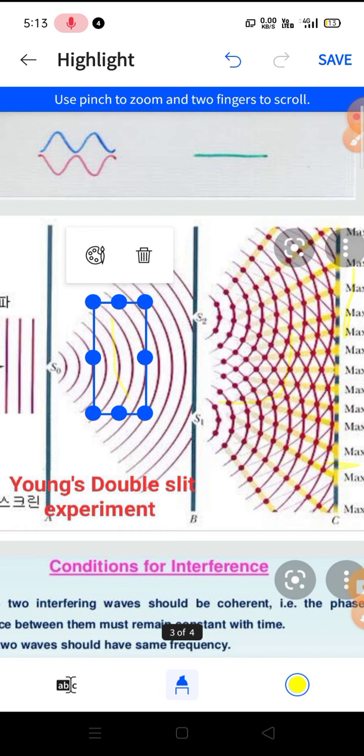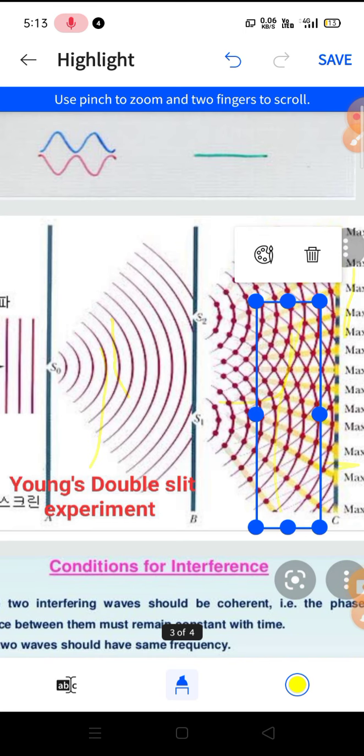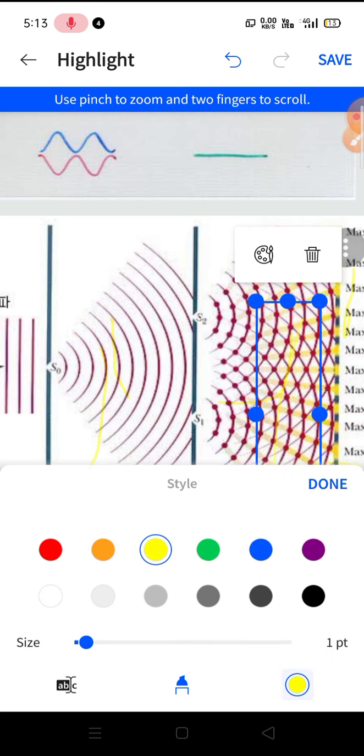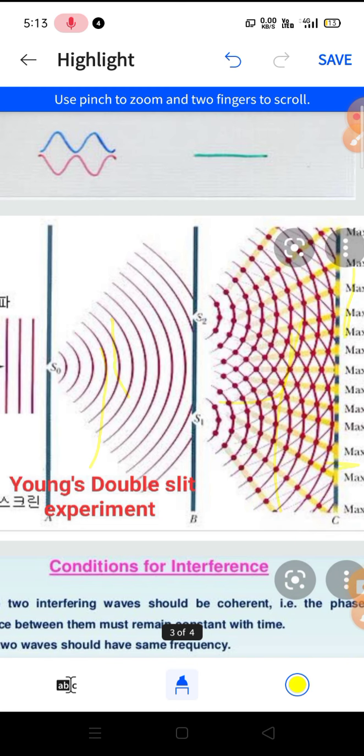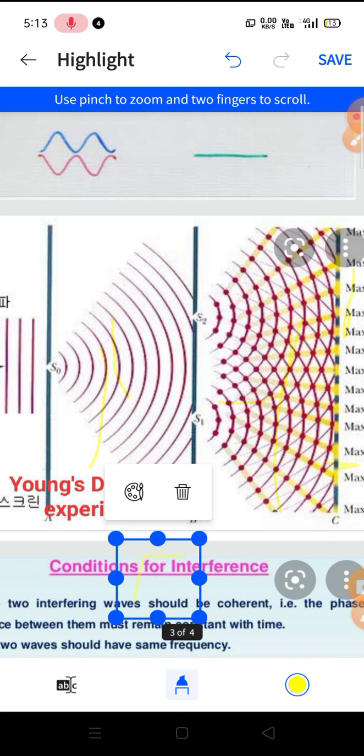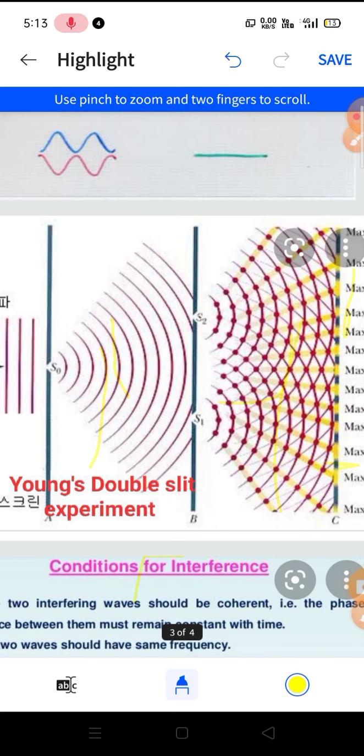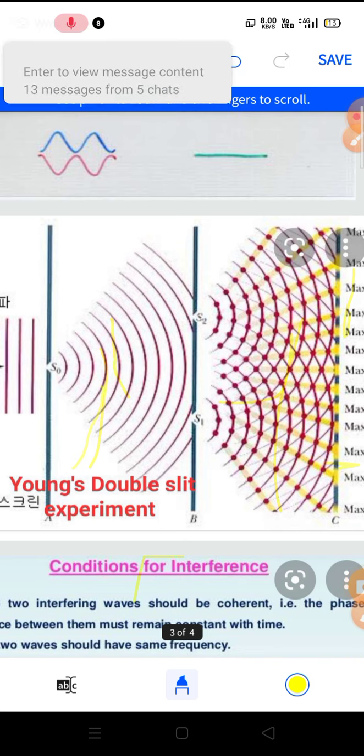Next, let us deal with the conditions required for a sustainable interference pattern, that is, to get the required contrast between the maxima and minima.